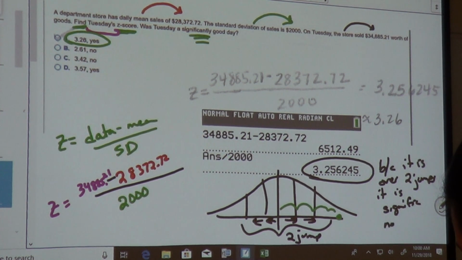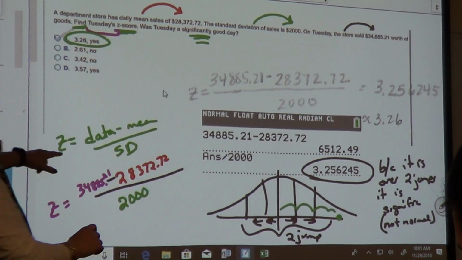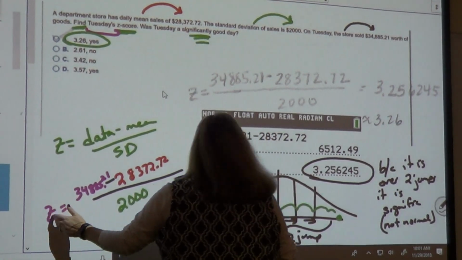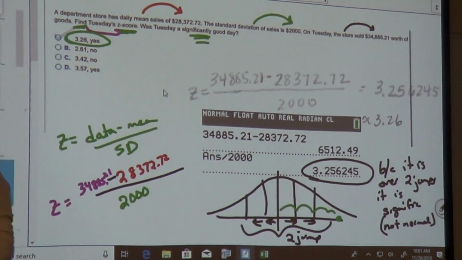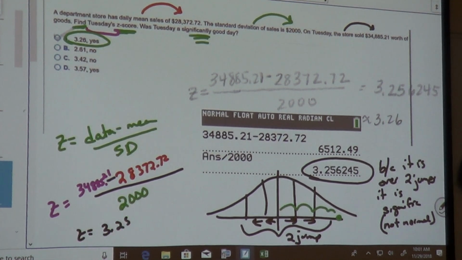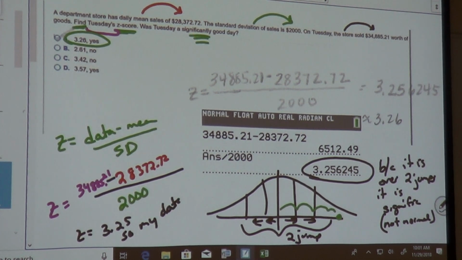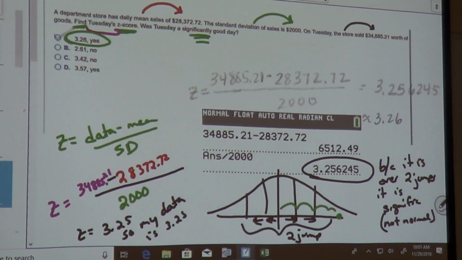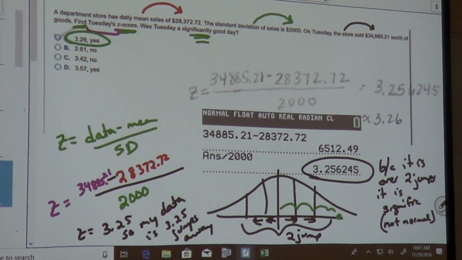I'm going to put not normal. How do we know it was over 2 jumps? Because this is your z-score. Your z-score tells you how many jumps it is. So the z-score is the number of jumps. Z equals 3.25, so my data is 3.25 jumps away.